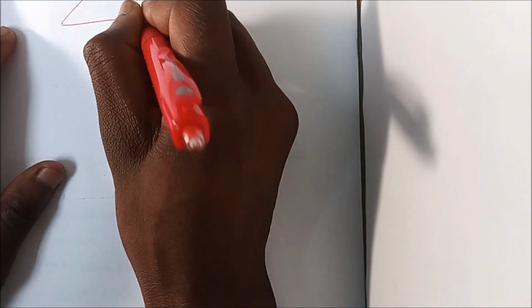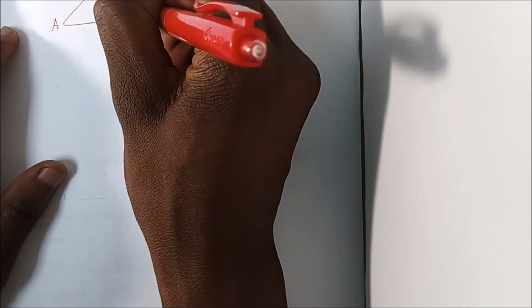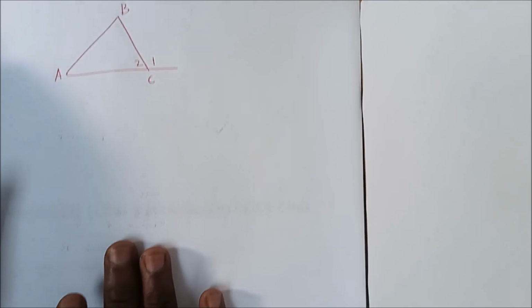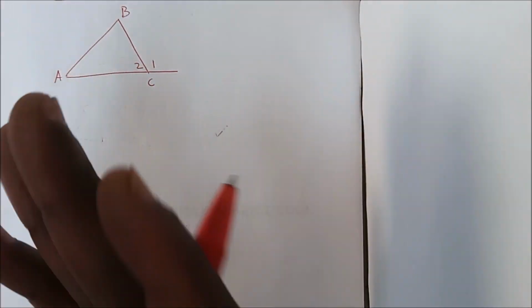The last triangle is the exterior. So let's look at this triangle. As I said, grade 12 and grade 11, this is just basic knowledge to you. So this is our triangle with exterior angle. So now, what do we know about this one? What we know is the one that is outside.